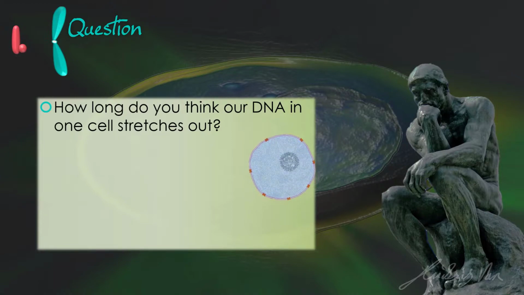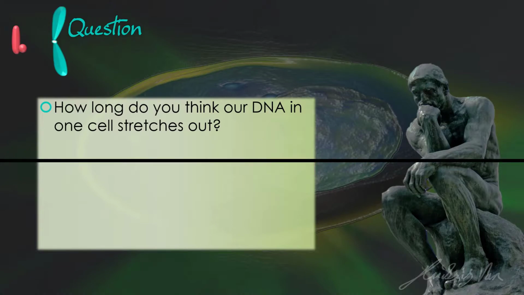Think about it. How long do you think our DNA in one of our cells can stretch out? Make a smart guess, try to Google or something, and you will find that the answer is actually 2 to 3 meters long. Now, that is very long.